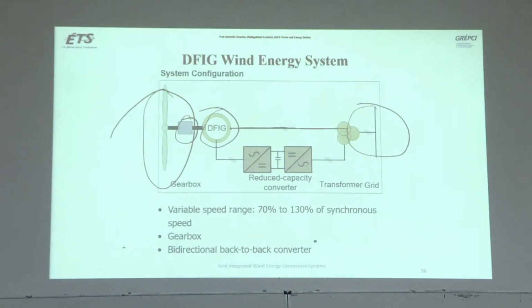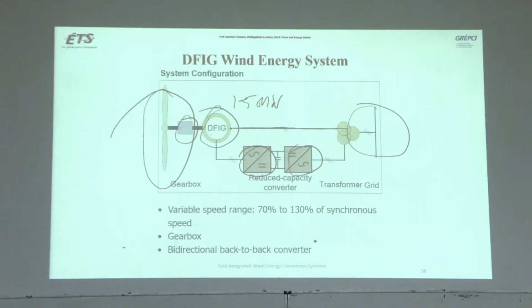And then they were using 500 kilowatt rotor side converters. So if you are saying this is 1.5 megawatt, this is 500 kilowatt.